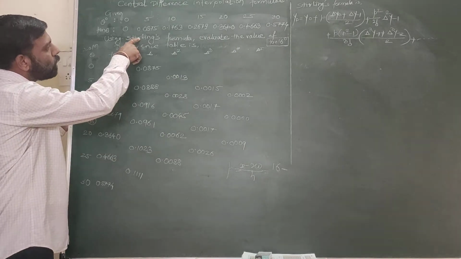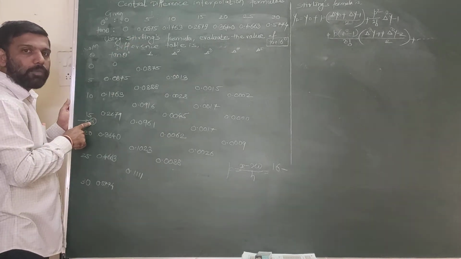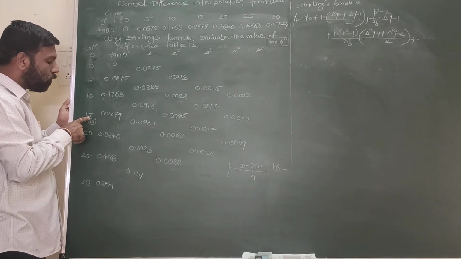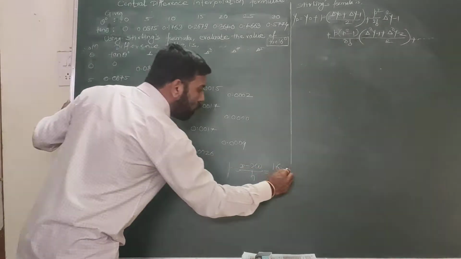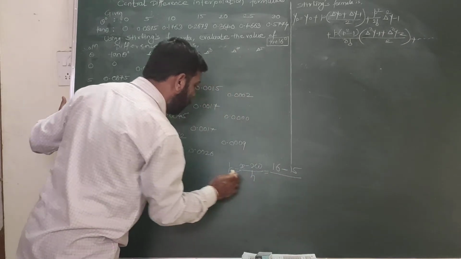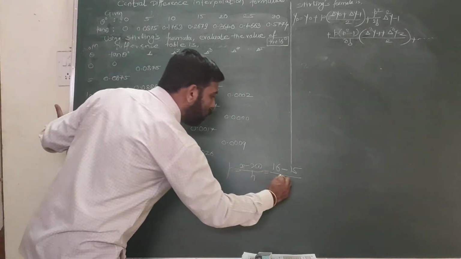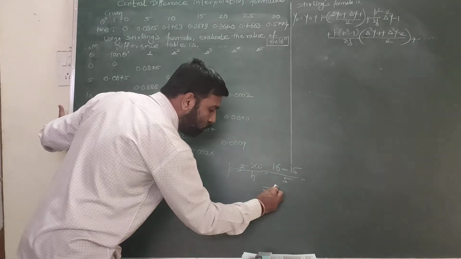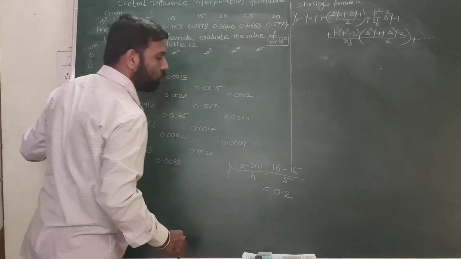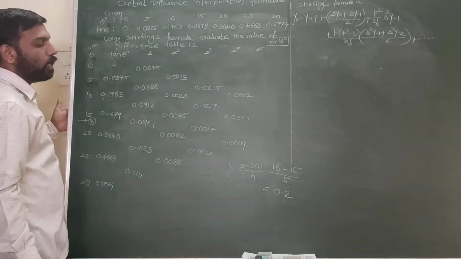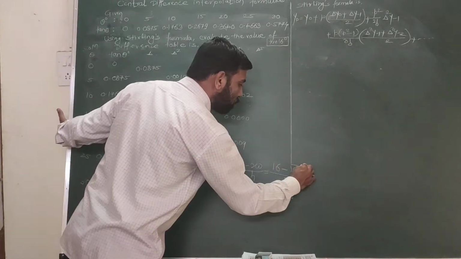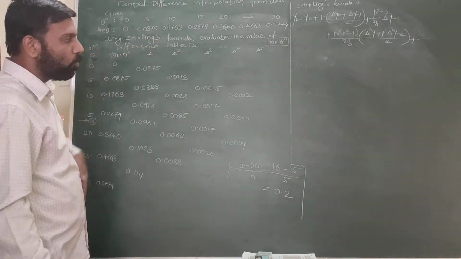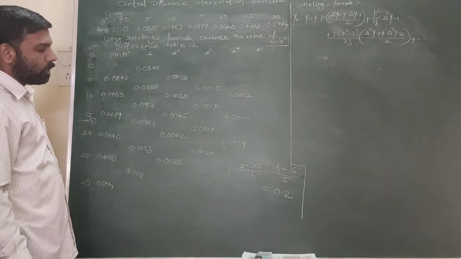But the question is for Stirling, so this formula we are implementing. This is the x value. Its previous value is nothing but x0, so x0 becomes 15, divided by h, the difference 5. So the value of p becomes 0.2. Now suppose Stirling is not mentioned, either Stirling or Bessel's.